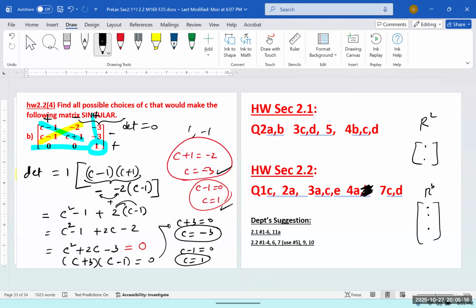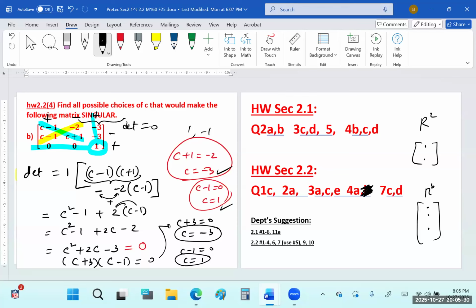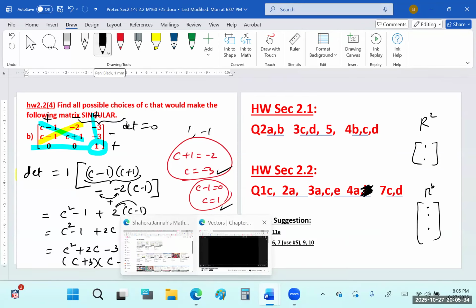So the difference between vectors and points is that a vector is written in matrix form and a point is written in XY form.